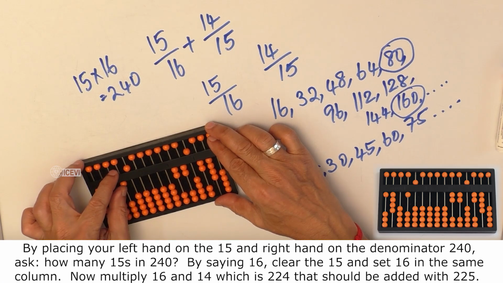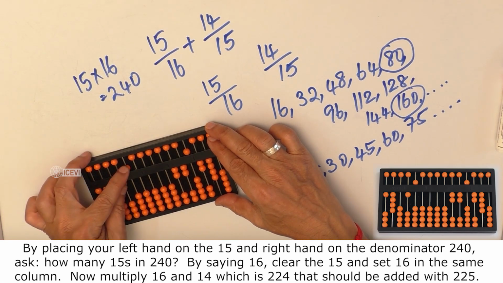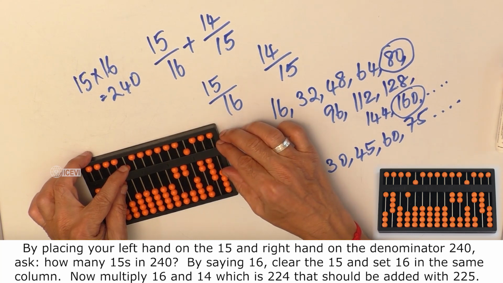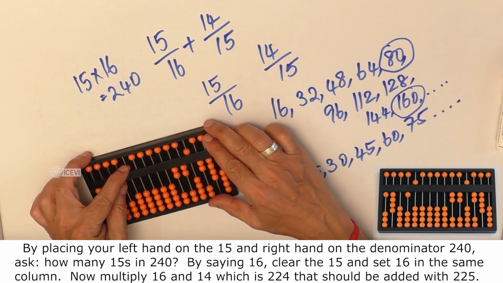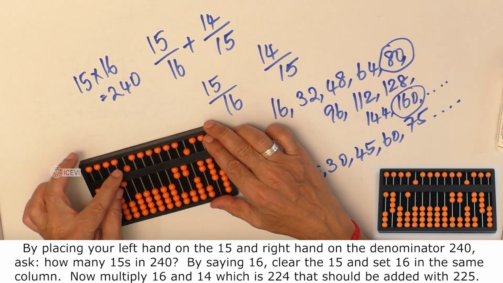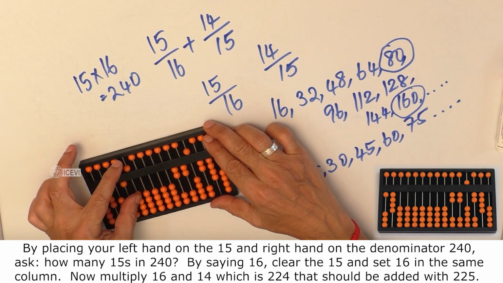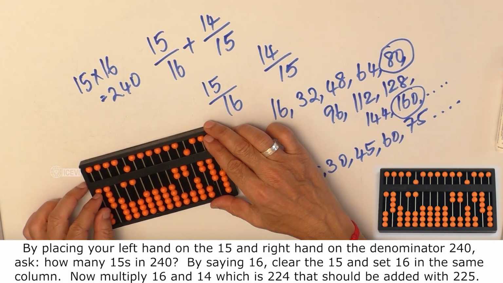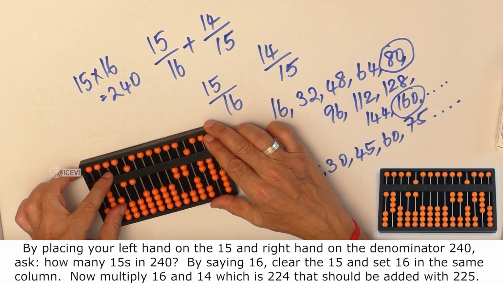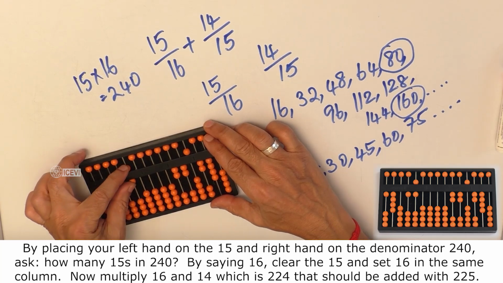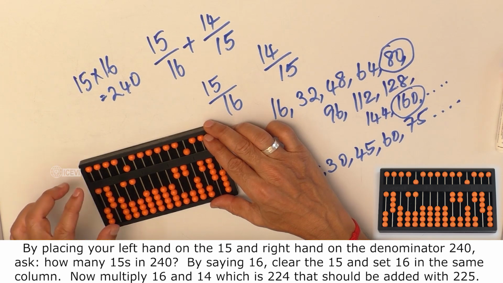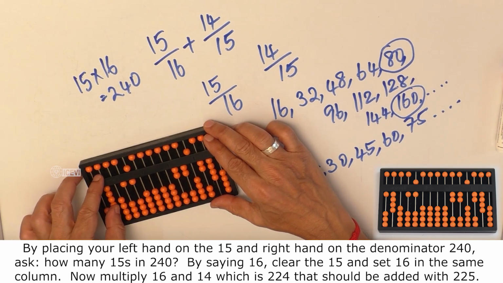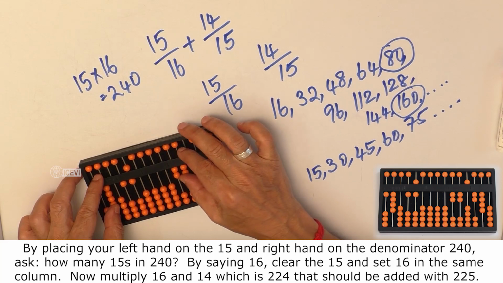By placing your left hand on the 15 and right hand on the denominator 240, ask how many 15s in 240. By saying 16, clear the 15 and set 16 in the same column. Now multiply 16 and 14, which is 224, that should be added with 225.